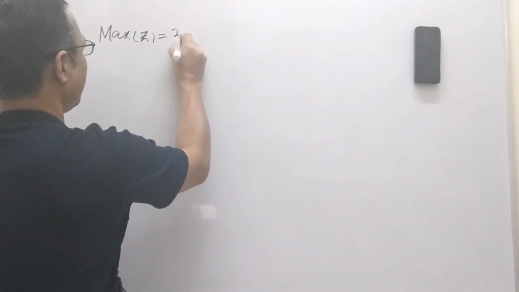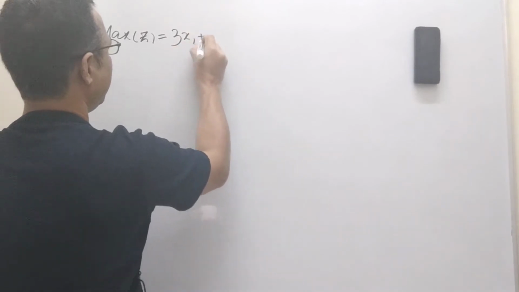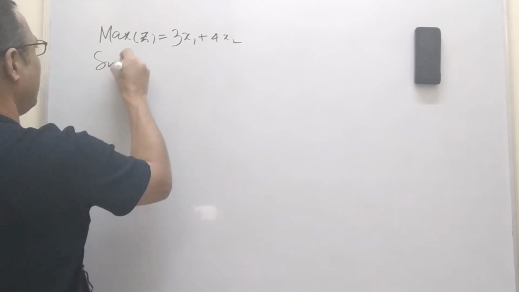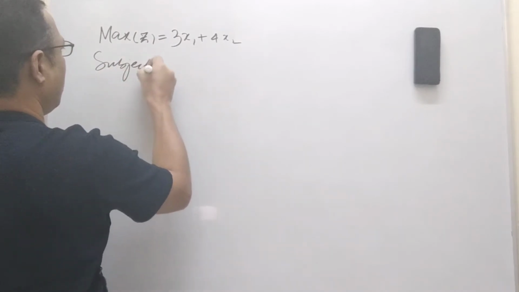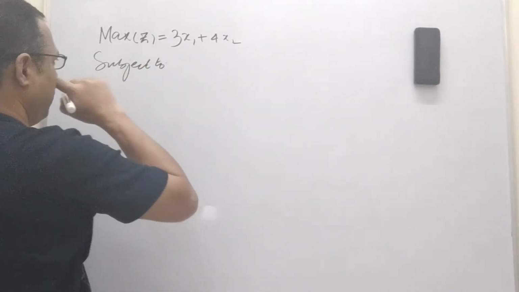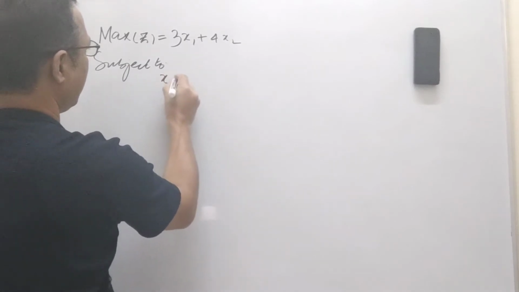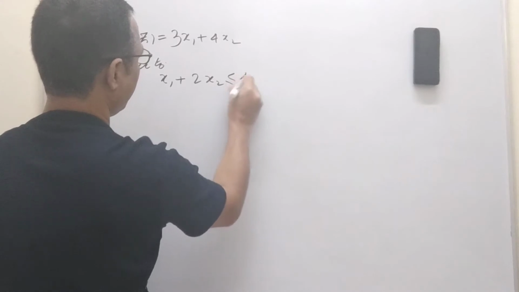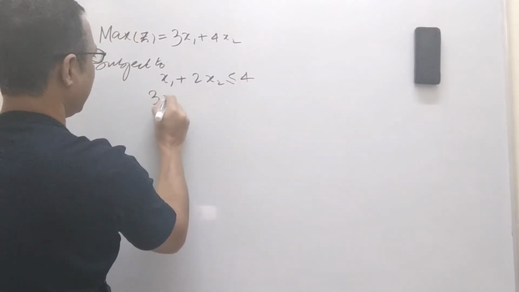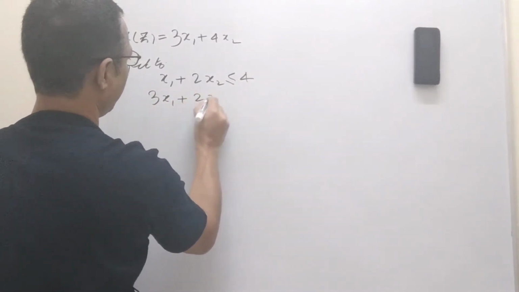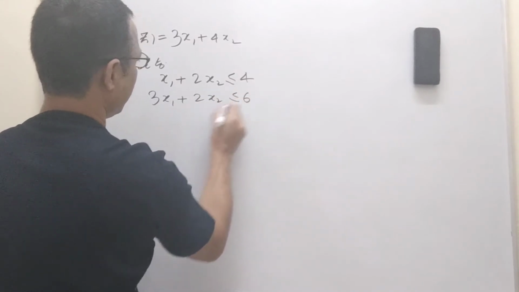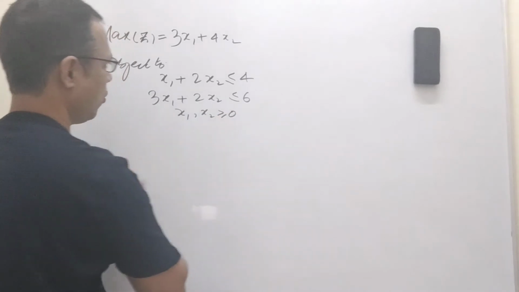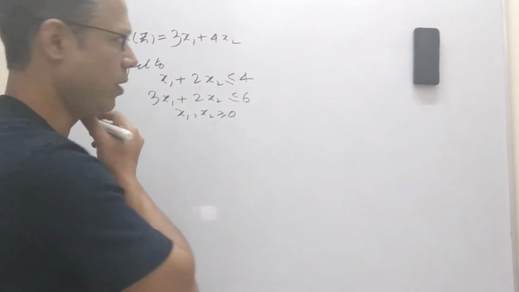So here we are now going to consider maximize 3x1 plus 4x2 subject to x1 plus 2x2 less than or equal to 4, 3x1 plus 2x2 less than or equal to 6, and x1 and x2 will always be greater than or equal to 0. This is the condition we know very well.